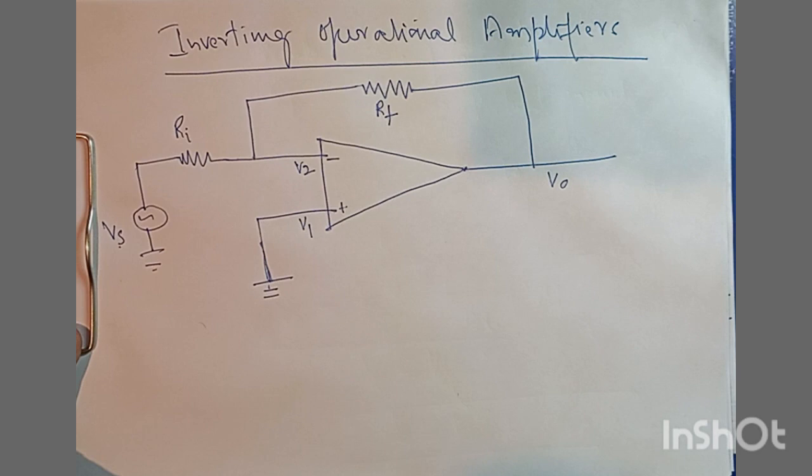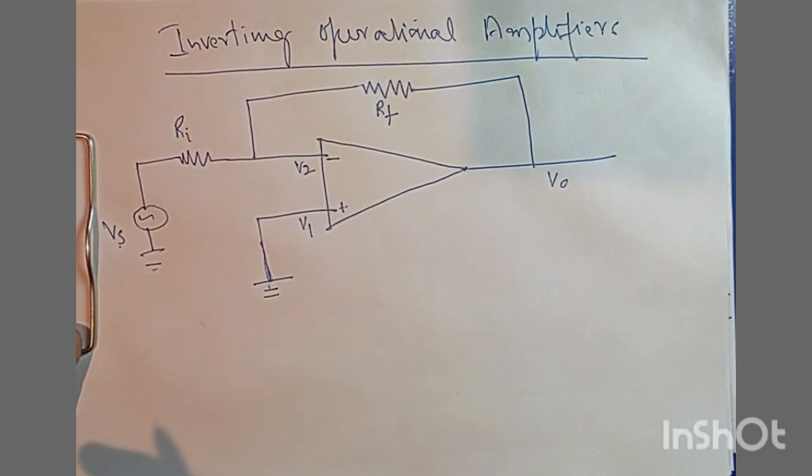Now we can analyze this circuit analytically, and look at the KCL, and use the concept of virtual ground to get the final expression for the calculation of the gain of the inverting type of operational amplifier.